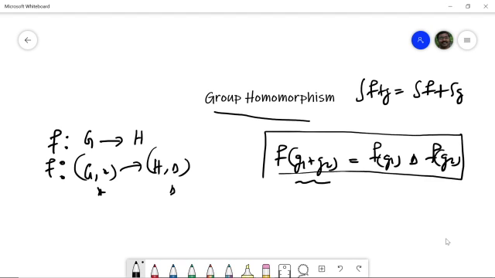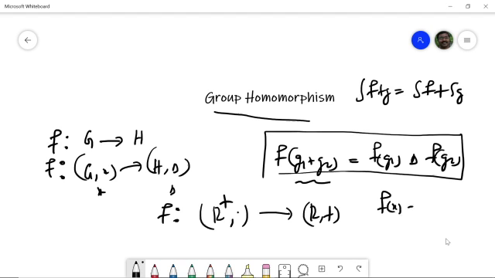For example, consider the group of positive real numbers under multiplication, and suppose you are defining a function from this to the set of real numbers under addition. Suppose I define f of x as simply ln of x.